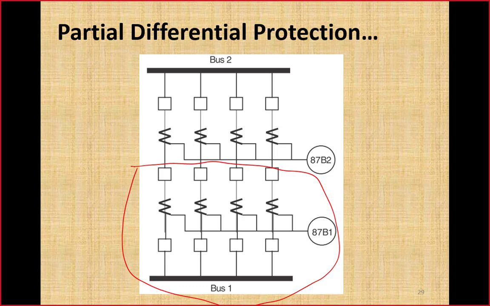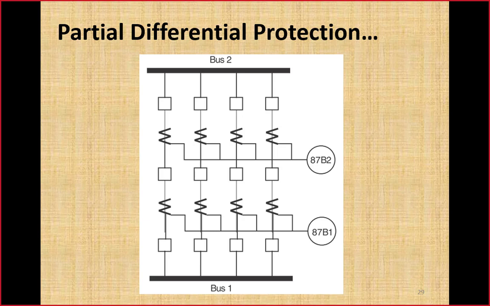So protection is much simpler, although the implementation of this bus bar scheme is much more expensive. So here we have provided protection with the help of two partial differential protections to this breaker and half scheme.